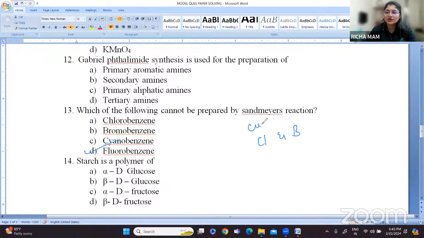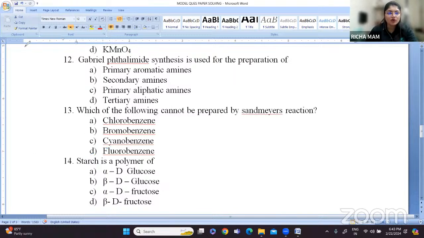We make use of CuCl or CuBr. We do not use it in the preparation of fluoride compounds. So fluorobenzene cannot be prepared, but chlorobenzene, bromobenzene, and cyanobenzene can be prepared from Sandmeyer's reaction. Next question.